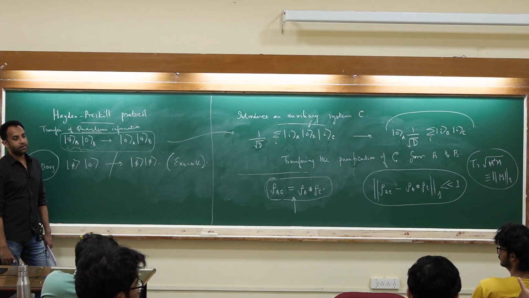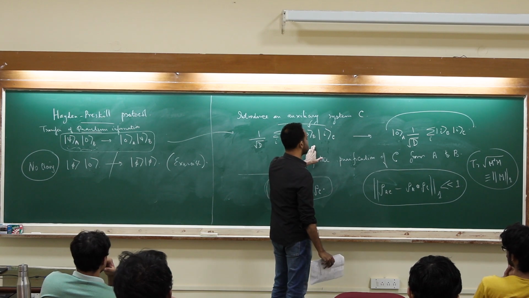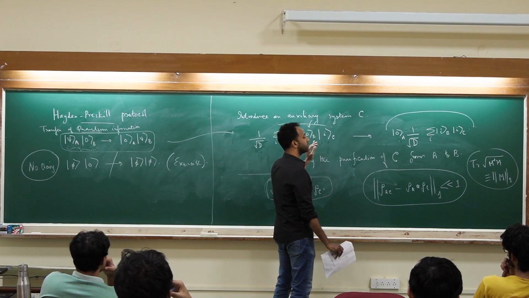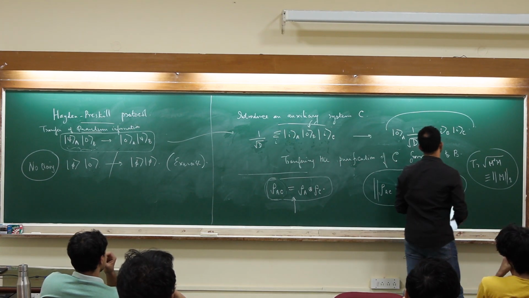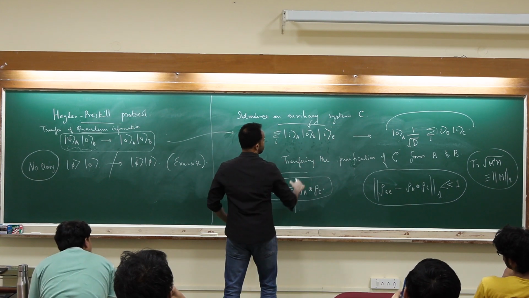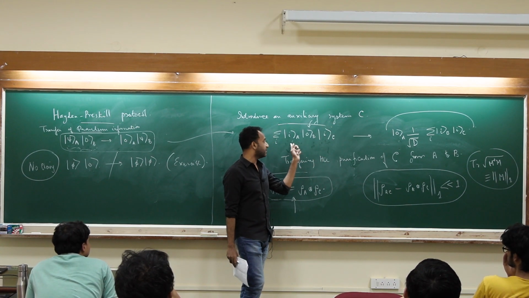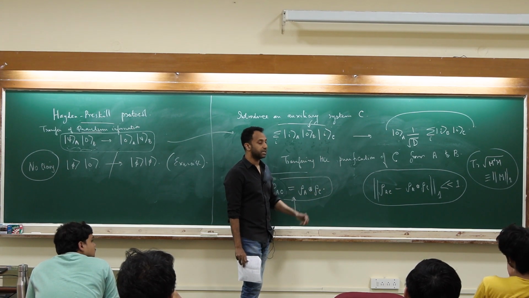But what do you mean by switching the basis? Here the bases are held fixed. A and B are some systems. When I'm going from here to here, I want that the initial state, where this auxiliary system C was entangled with A, ends up with C entangled with B. That's what I'm saying.